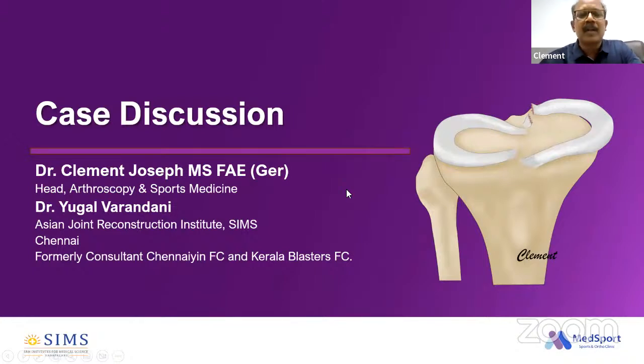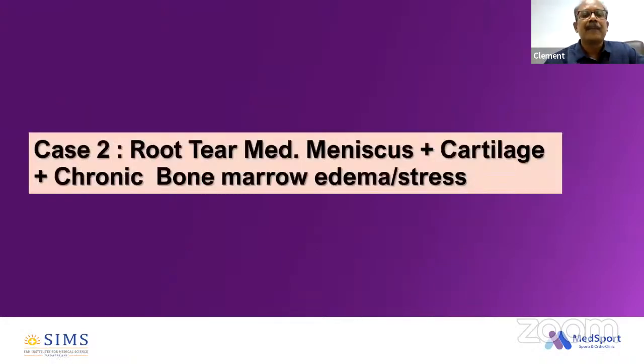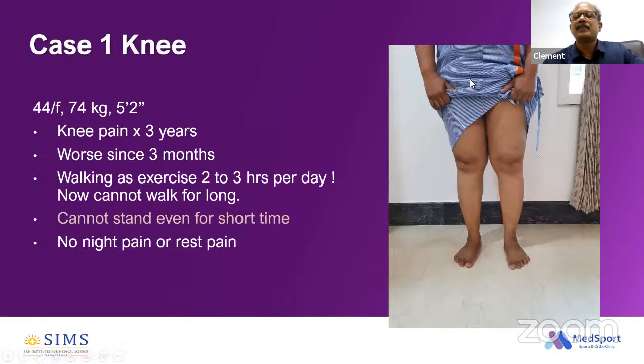Good evening, everyone, and thanks for this wonderful opportunity, this webinar, to share this case. We're going to discuss a patient who is a 44-year-old female, weighing 74 kg and 5'2" tall, who presented with knee pain for 3 years, worse for the past 3 months.